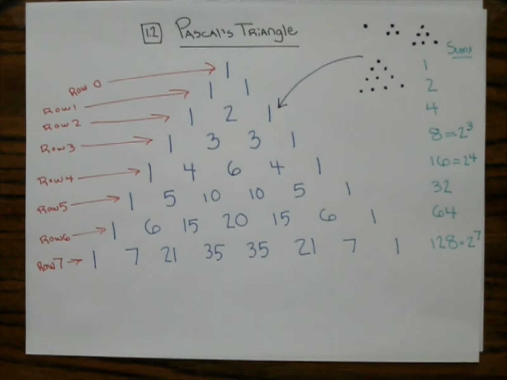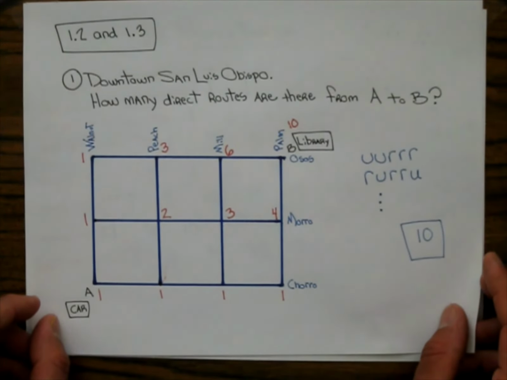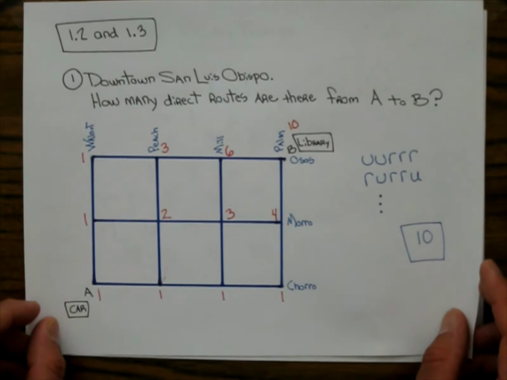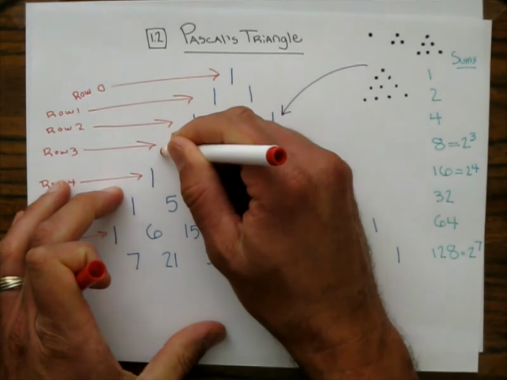But now, let's make a connection between what we see in Pascal's triangle and the numbers that I have labeled on the intersections. And so you might see what we have here. I'm going to circle it.